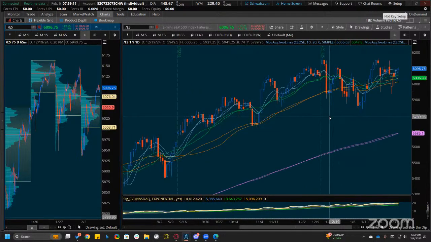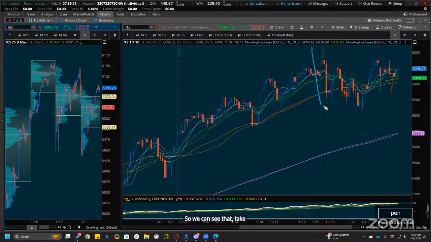So we can see that, take it out to the daily on that big move there, right? Same thing, lower highs, lower lows, just a lot of exiting out of the market there.